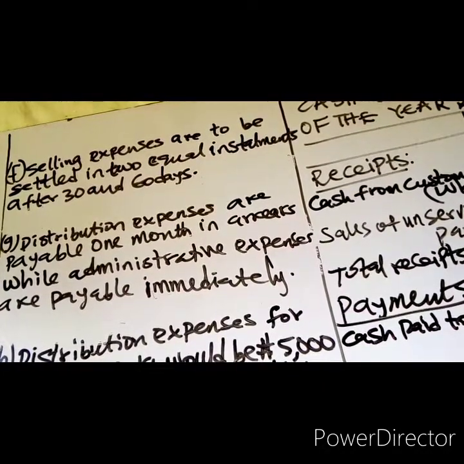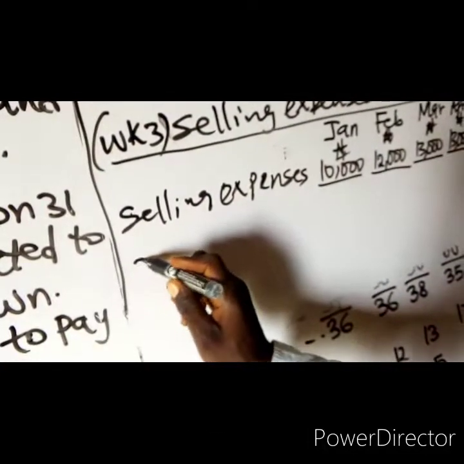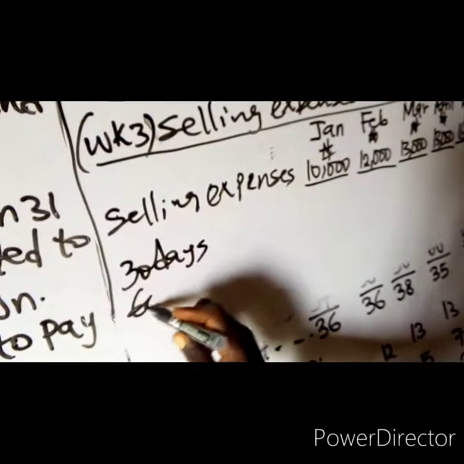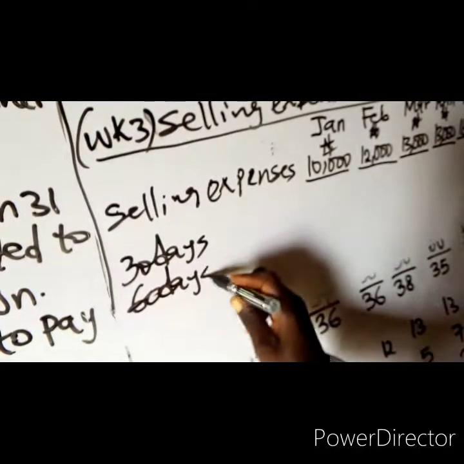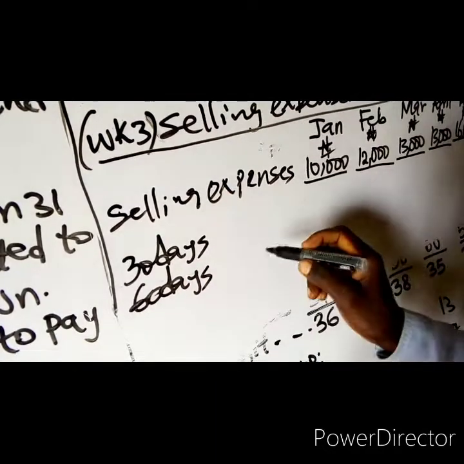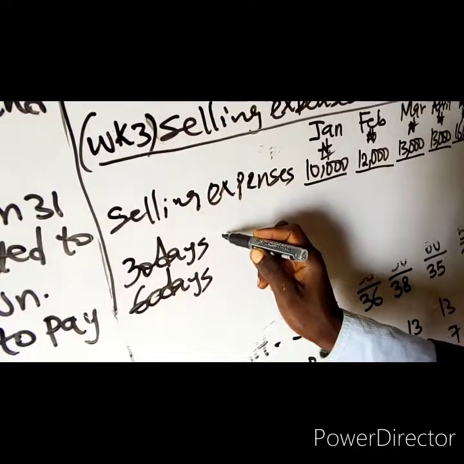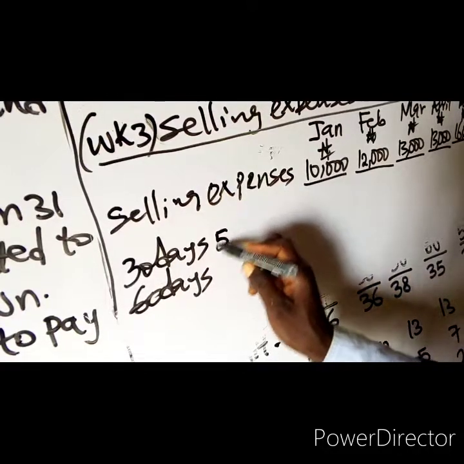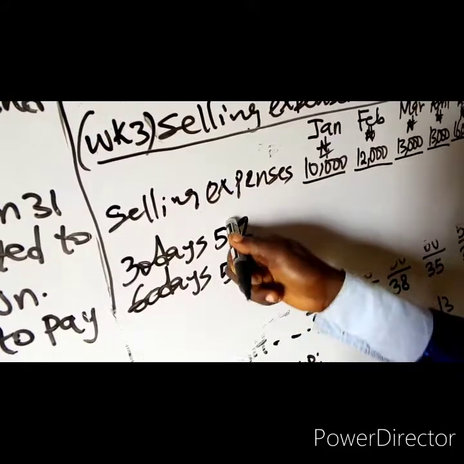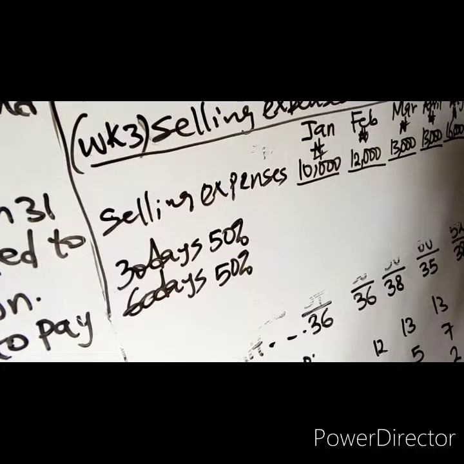The one that will be settled in 30 days, and another one will be settled in 60 days time. The one that will be settled in 30 days, that means the following month. Equal installment, you can use half, 1/2, or you use 50%.